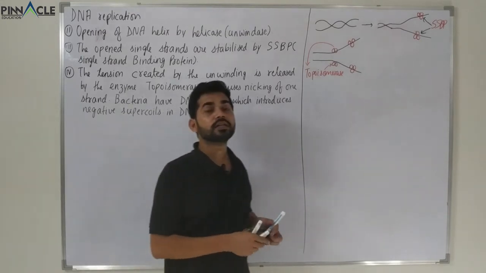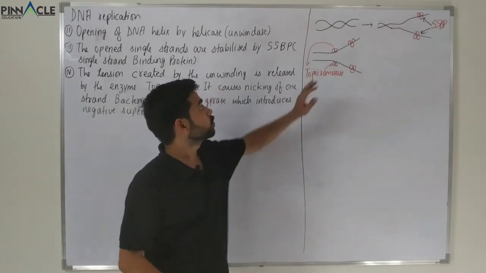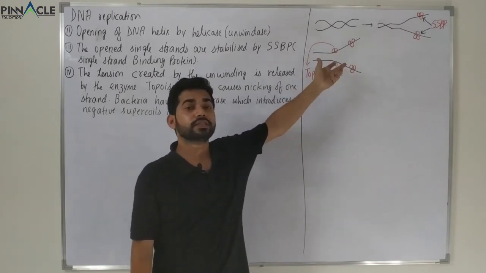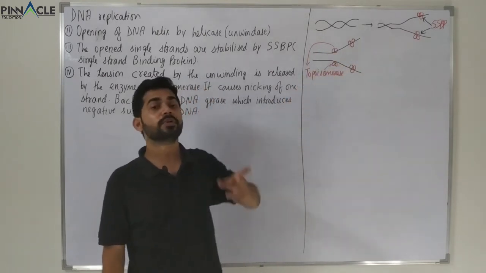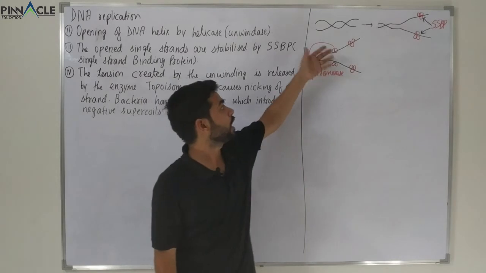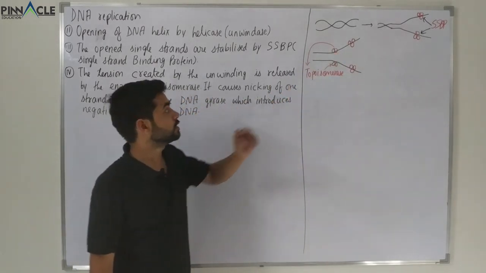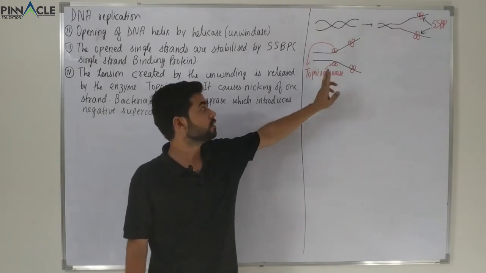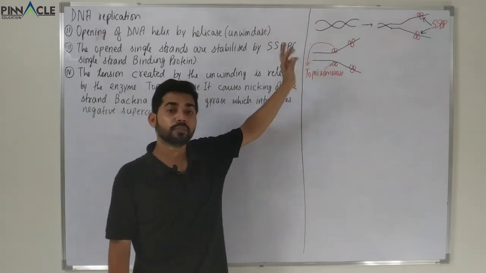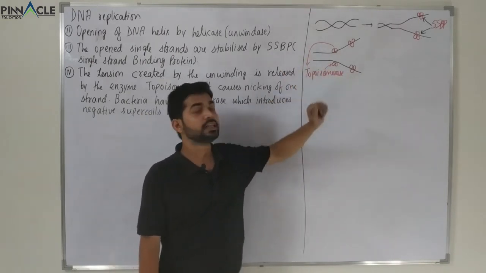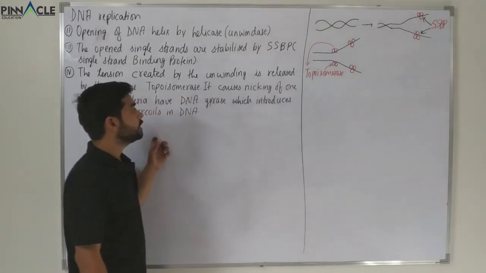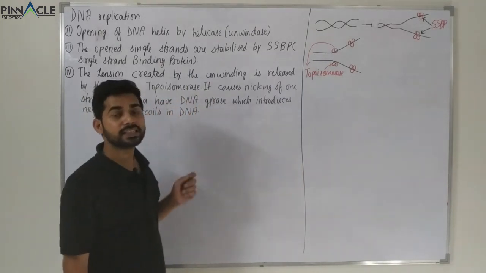They will cause the nicking of one strand, and that could occur on any of the strands. This topoisomerase will be present on one strand, and it could be either of those strands, because it will cause nicking of only one strand. Since I have shown it there twice, it doesn't mean it will be on both; it could be on any of those strands. Bacteria has something called DNA gyrase.